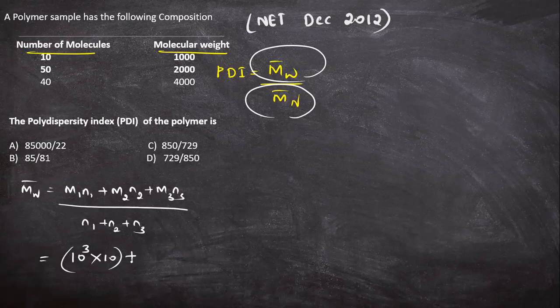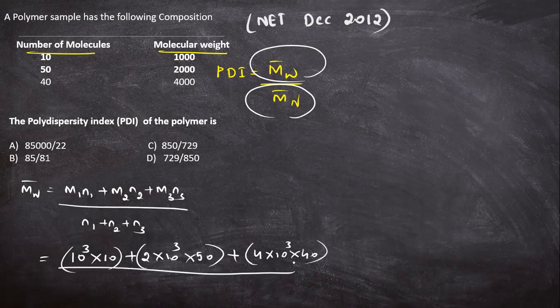M2 is 2000, so it is 2 into 10 raised to 3, into N2, which is 50. Plus M3, which is 4 into 10 raised to 3, into 40, divided by 10 plus 50 plus 40.